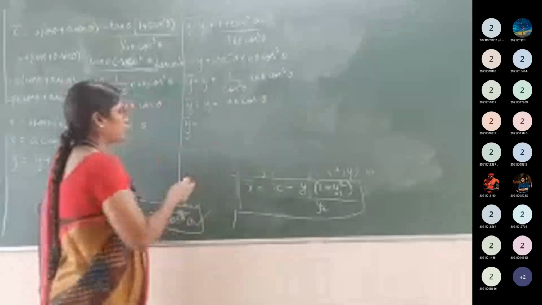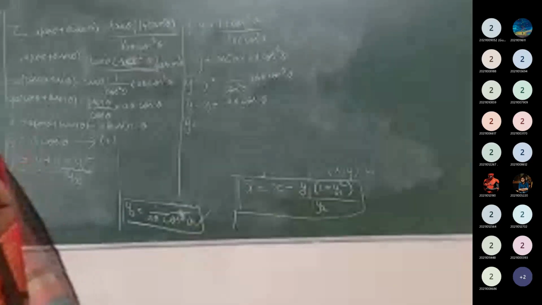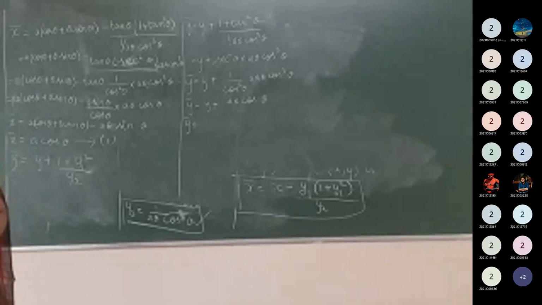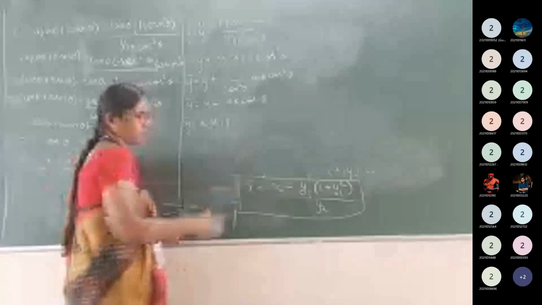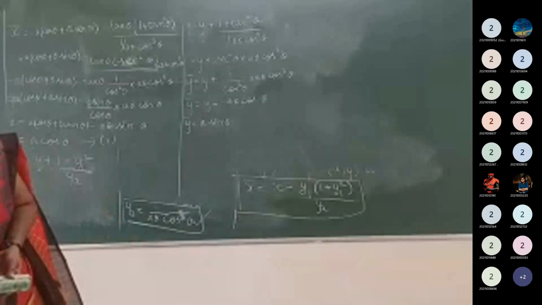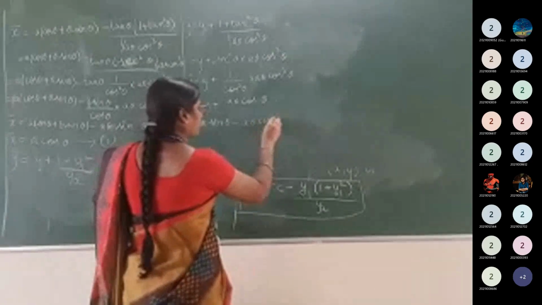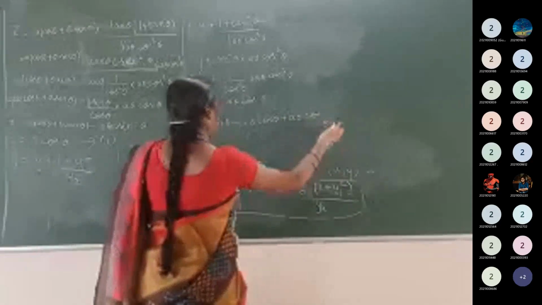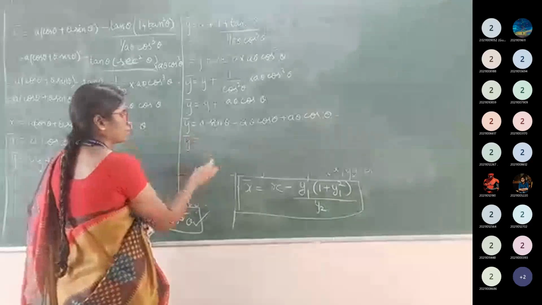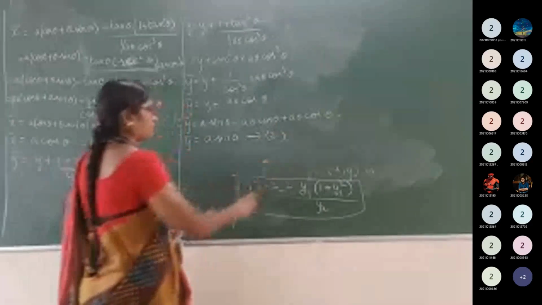Y bar is equal to, you substitute your y here. What's your y? Your y is a sin theta. So a sin theta minus a theta cos theta plus a theta cos theta. So your y bar is equal to a sin theta. Equation number 2.